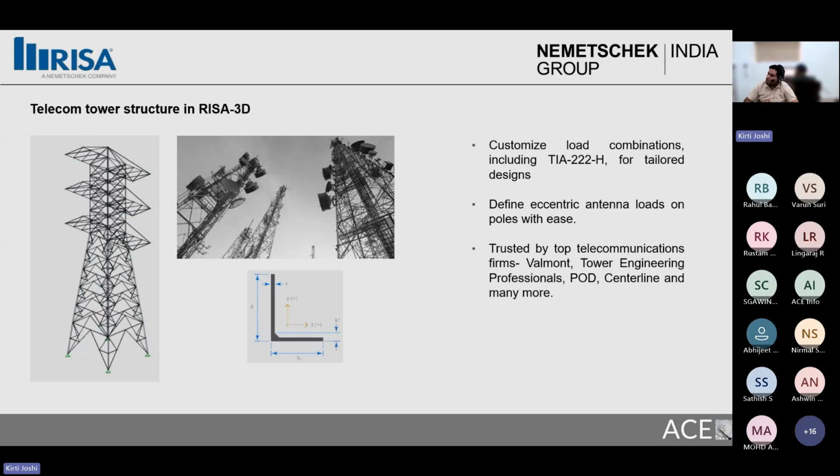We engineers can also assess the deflections, base reactions, and stability. It is trusted by top telecommunication firms like Belmont, Tower Engineering Professionals, and many more. In this way, you can design the telecom tower in RISA 3D as well.